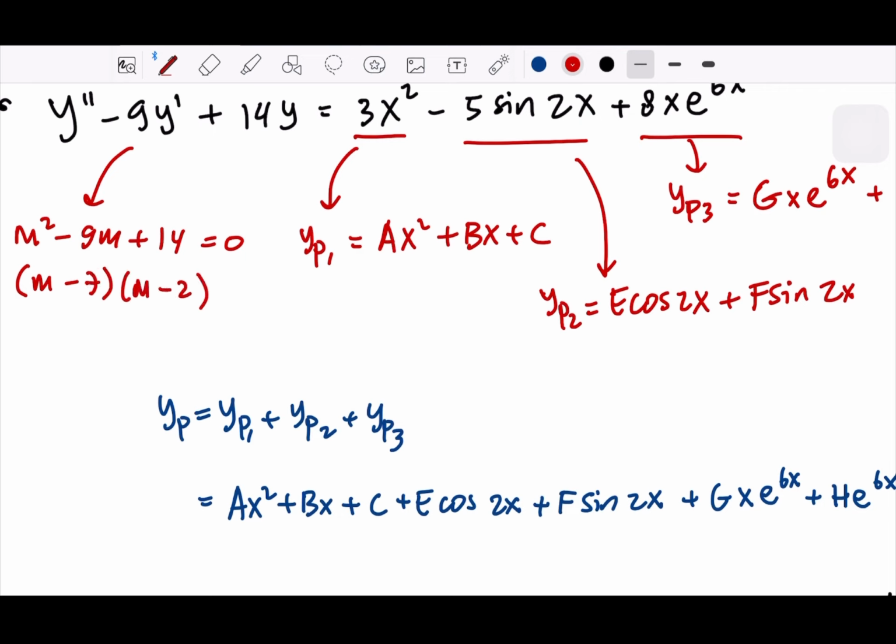And negative 2. So m equals 7, m equals 2. So yc is, let's say, c1 e^2x plus c2 e^7x. I think it's safe. 2x, 7x, it's 6x here, right? But if we had 6x here, then we would need to change the proposed solution a little bit and multiply by x.